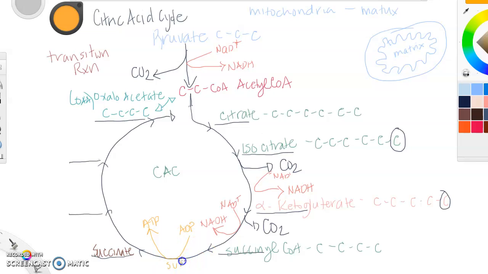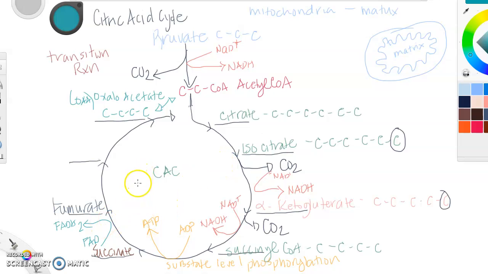So substrate level phosphorylation. And remember, that's just directly taking a phosphate and sticking it on an ADP, making it ATP. So now we have an ATP. So from succinate through the next reaction, we end up with something called fumarate. And in that reaction, we end up with an FADH2. So FAD to FADH2, which, if you remember, was another one of those electron carriers like NADH.